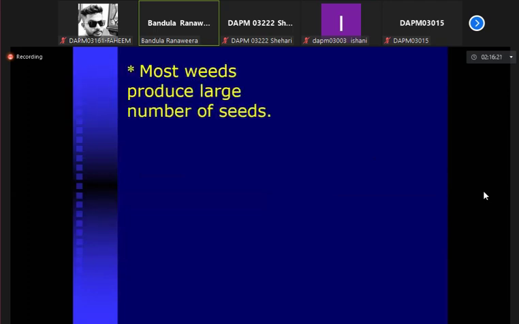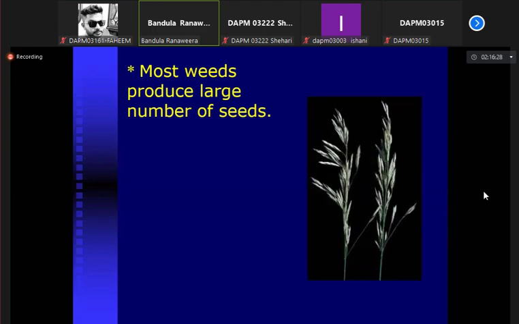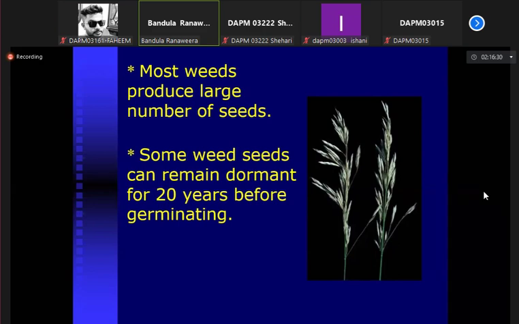Some characteristics of weeds: they produce a large number of seeds, and the seeds can remain viable.